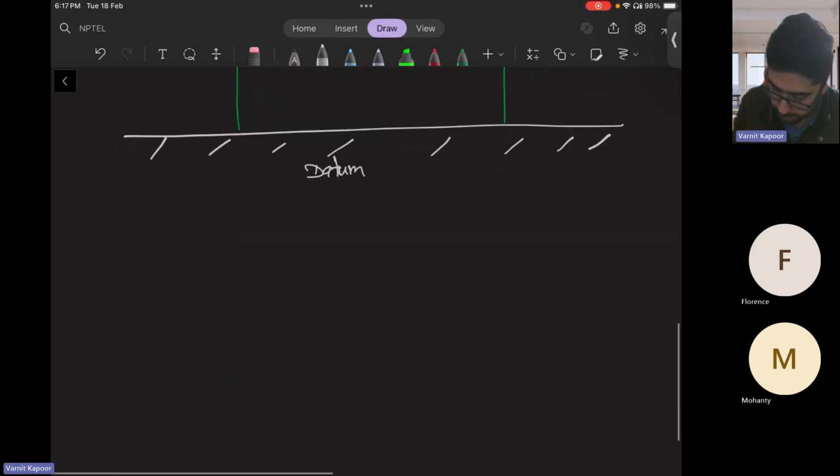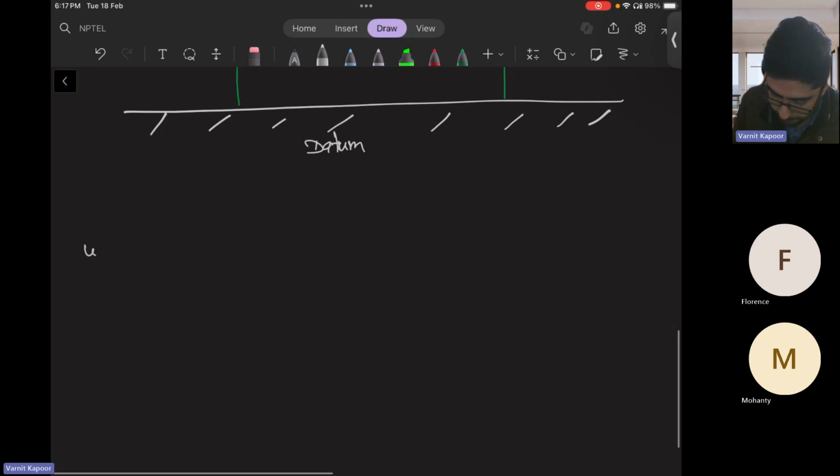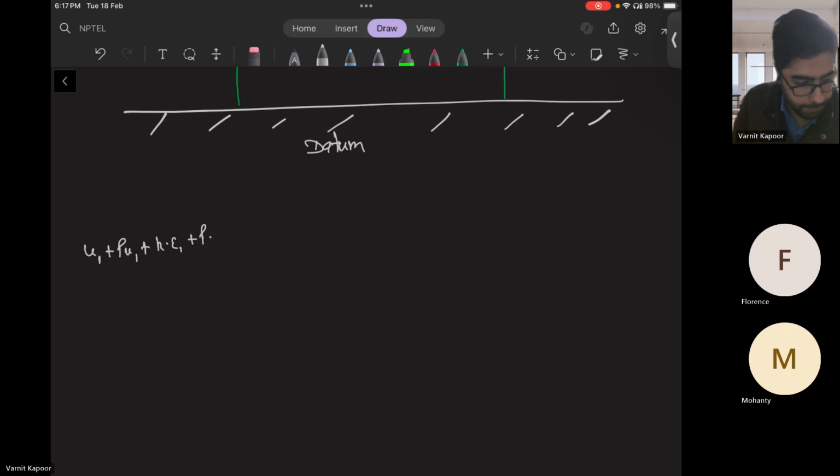So what is the energy at the inlet? If I write U1 internal energy plus flow work, plus kinetic energy plus potential energy at the inlet, plus the heat interaction, if you supply some heat to the system.